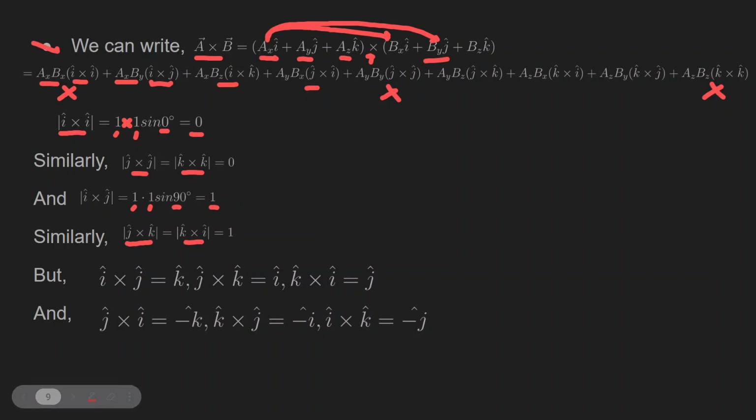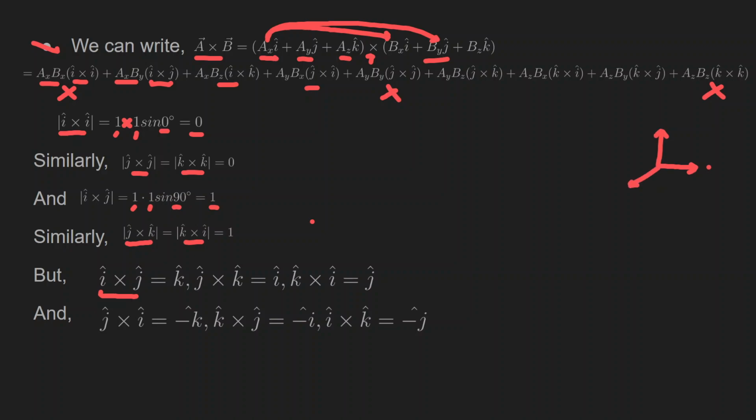Fine. Now let us come to the direction. We have talked about magnitude, now let us see about the direction. So I cap cross J cap. Place the palm in the direction of I, in the XYZ coordinate system we are talking of.